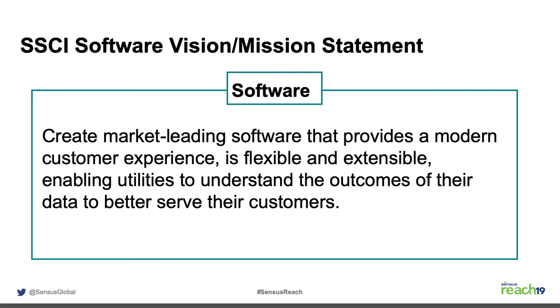We do want to work on having a modern platform that is easy for you to use and that helps you understand the outcomes of the data so that you can service your customers. It's very important to us that we're all moving in the same direction. So this is something you'll see over and over again. Our team will continue to work on this.